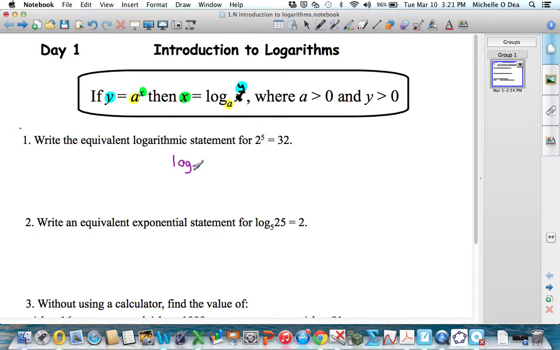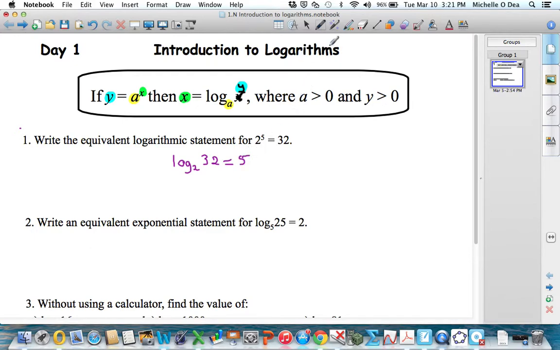So log base 2. And we take the log of whatever the exponential was equal to, which is 32. So we have log base 2 of 32, and that's equal to the power of the exponential. So that's equal to 5.